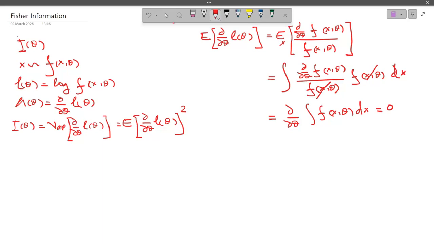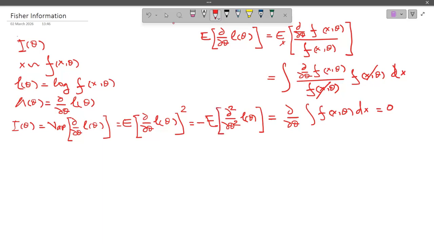So the expectation is 0. We can write I theta as the expected value of del theta L theta whole square, or under some regularity conditions, this equals the negative expected value of the second derivative del theta 2 of L theta, the second derivative of the log likelihood.